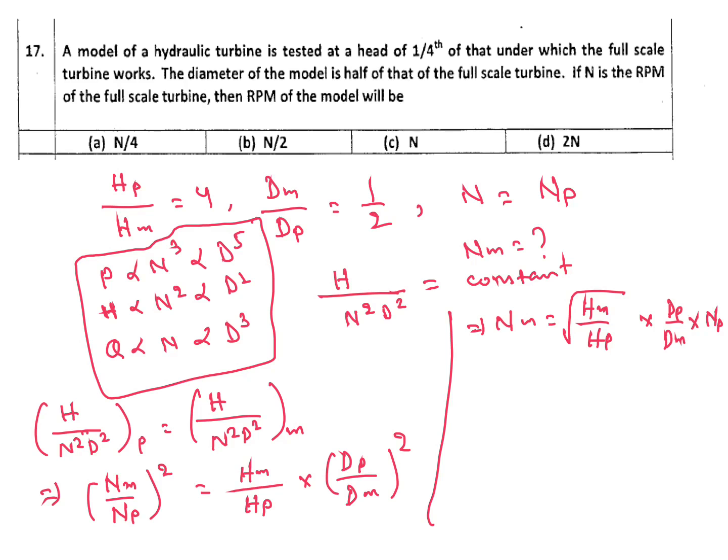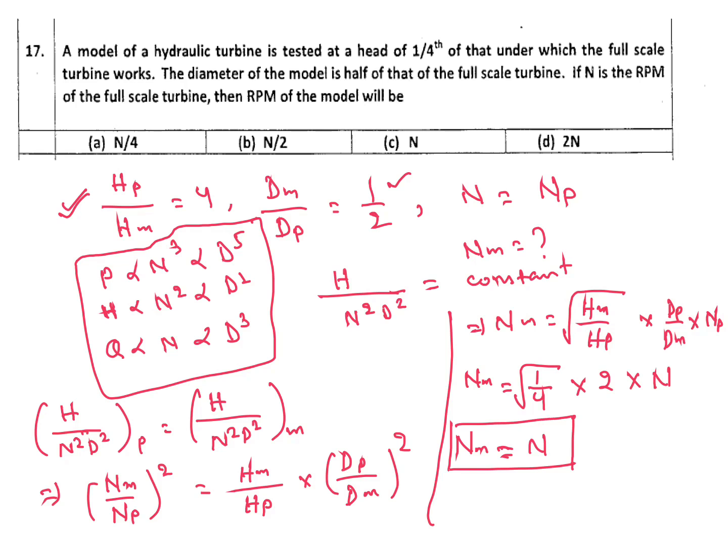So nm equals hm by hp, it's 1 by 4, square root, into dp by dm, here it's 2, np is n, so 1 by 2 and 2 cancel. The RPM of the model is n, same as the prototype. So option C is our answer.